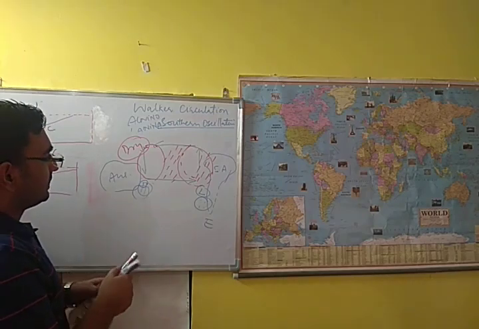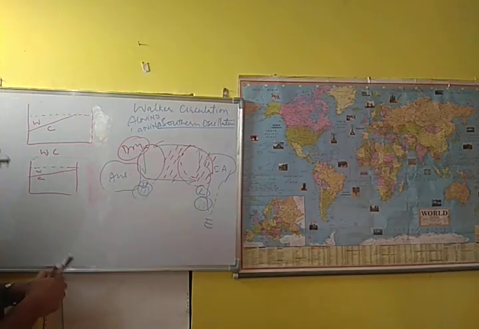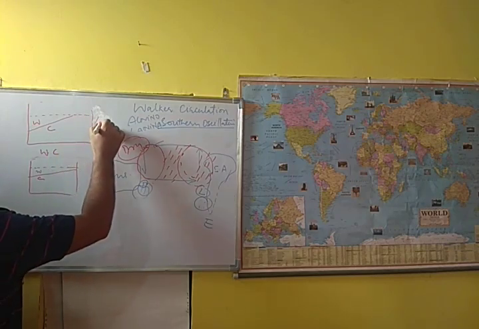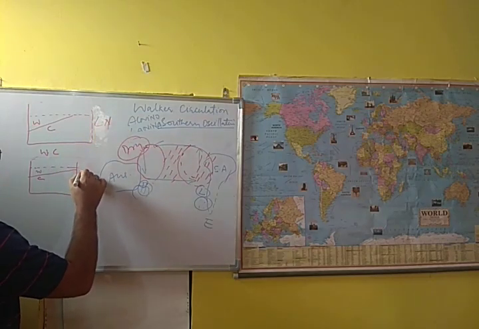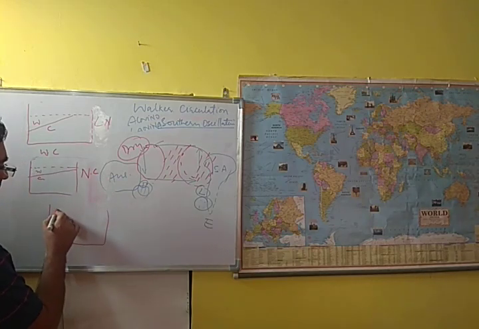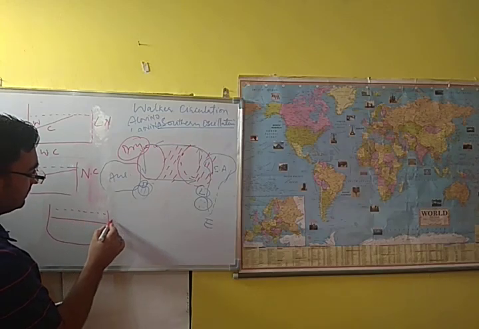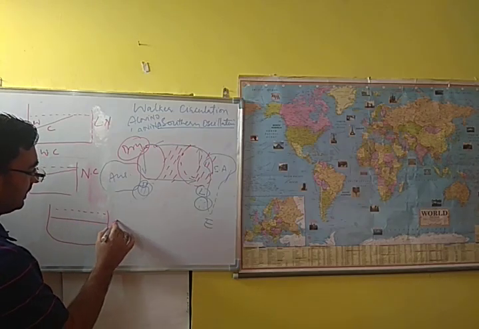And what will be the interface of this warm and cold water? This was La Nina, this was the normal circulation, and during El Nino what will happen? The interface will be like this. This is the interface during the El Nino.